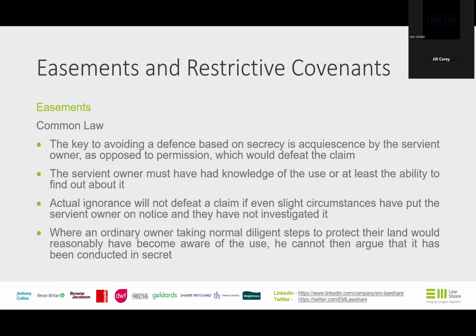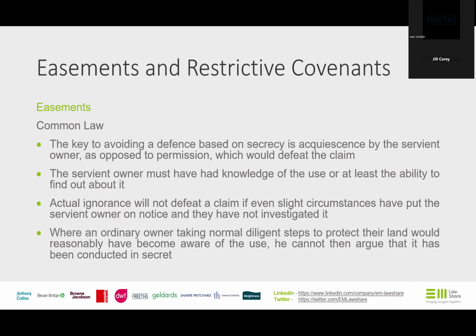Permission is perhaps a stronger and easier argument to run, but even if you haven't given permission, you need to be careful that acquiescence is not used against you. An example might be where you've known they're doing it, you haven't said they can, but you haven't done anything to stop it.